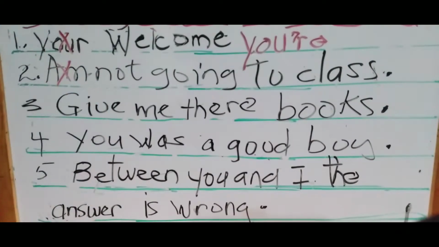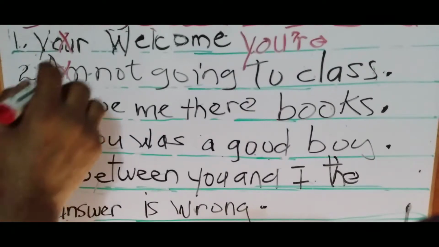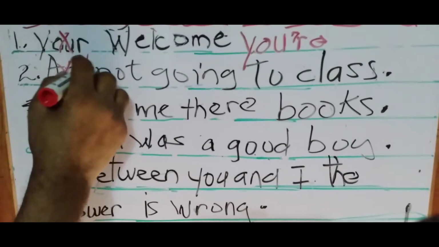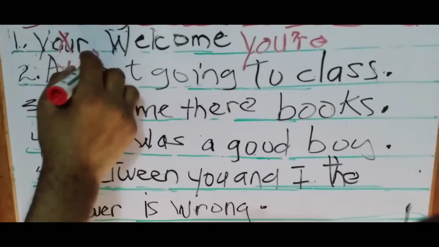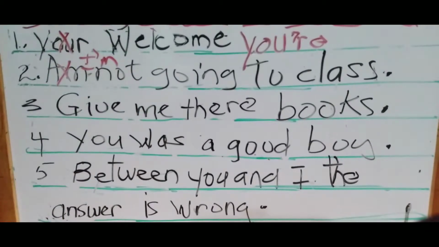So the correct thing to say is, "I am not going to class." So we could say I am. Okay? So I am not going to class instead of "Am not going to class." All right? So people tend to mix them up.